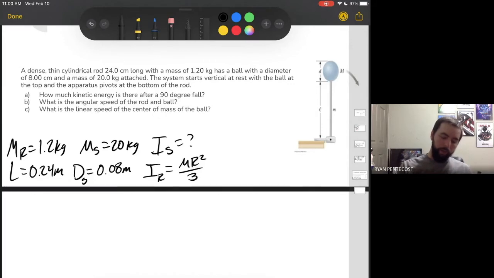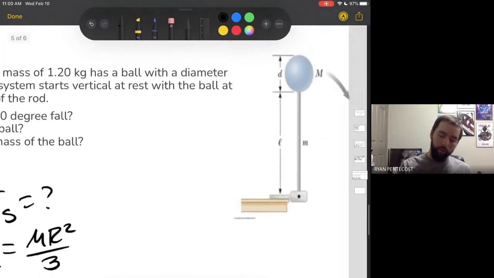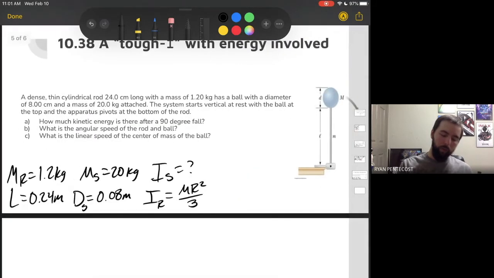Now, it asks how much kinetic energy is there after a 90-degree fall. So we are pivoting about that point down here. We're going to fall to 90 degrees. Next, we want to know what is the angular speed of the rod and ball.